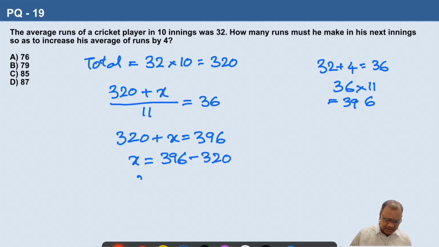So that is equals to 76. So he should score 76 runs in the next innings, that is 11th innings, so that the average becomes 36, 4 more than the previous average. So the correct answer is option A.